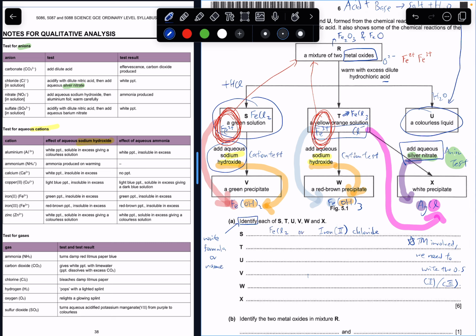Then T will be FeCl3 or iron(III) chloride. U is water. V is Fe(OH)2, iron(II) hydroxide.